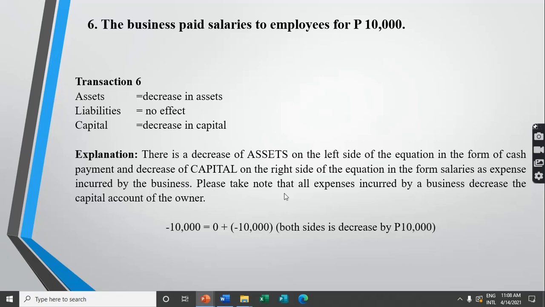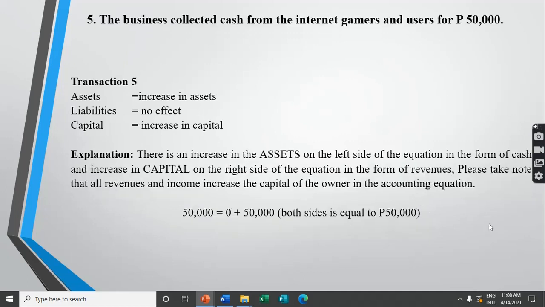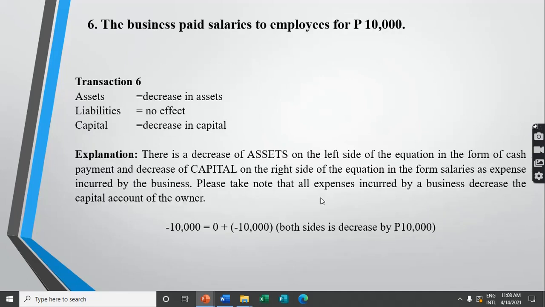So, please take note that all expenses incurred by the business decreases the capital account of the owner. Okay? So, kapag sa transaction number 5, all revenues and income increases the capital of the owner. Pag expenses naman, decreases also the capital of the owner. Okay? Please take note of those.